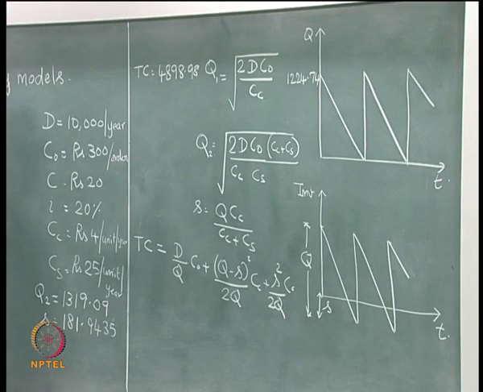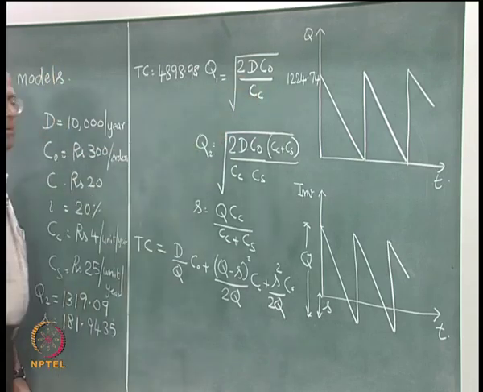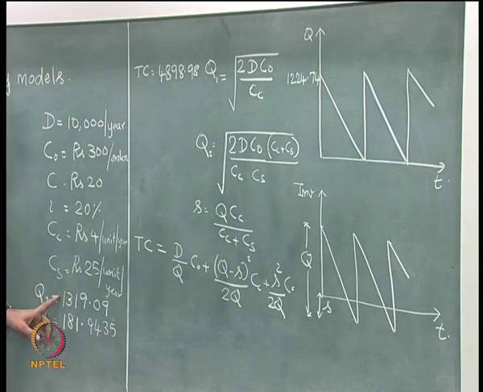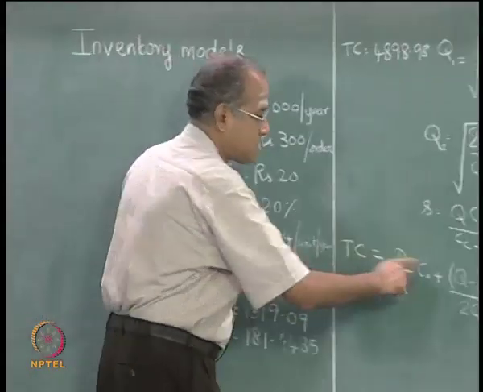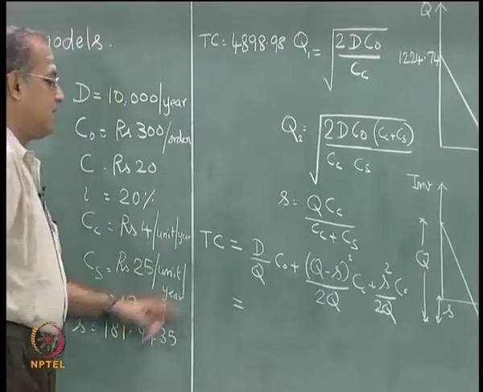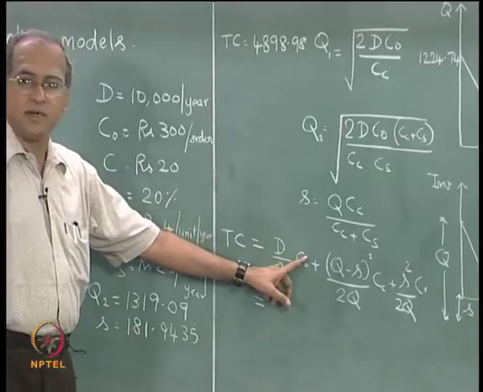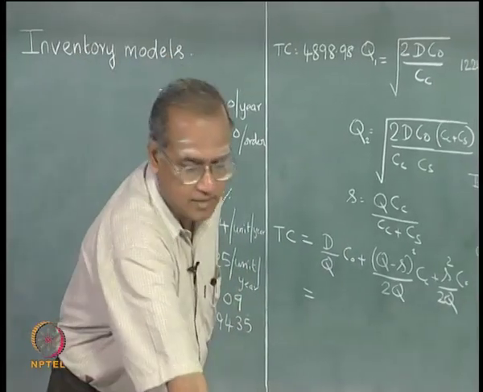Already we have seen that the order quantity increases from 1224.74 to 1319.09. A back ordered quantity of 181.94 is allowed, and let us calculate the total cost based on this. So, this component would give us 10,000 into 300 divided by 1319.09.